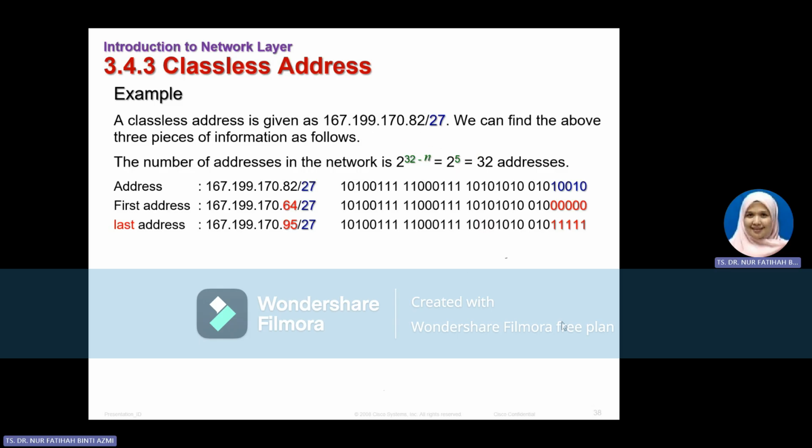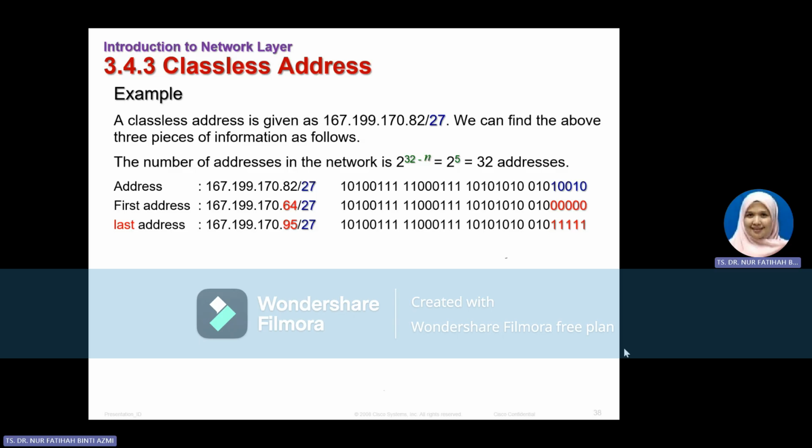The slash followed by a number, in this case 27, tells us how many bits in the address are dedicated to the network portion, and how many are for the host portion.